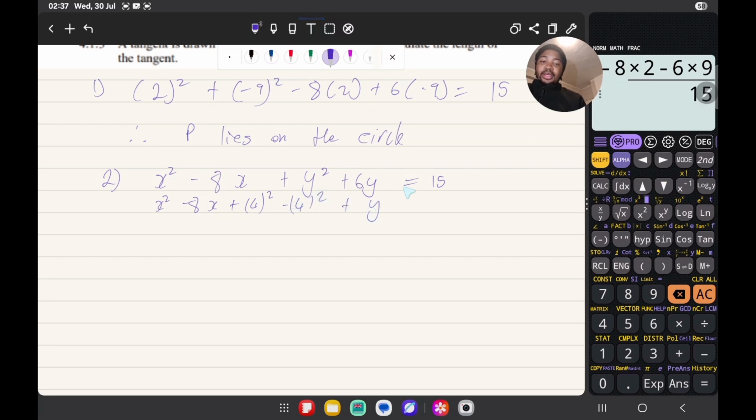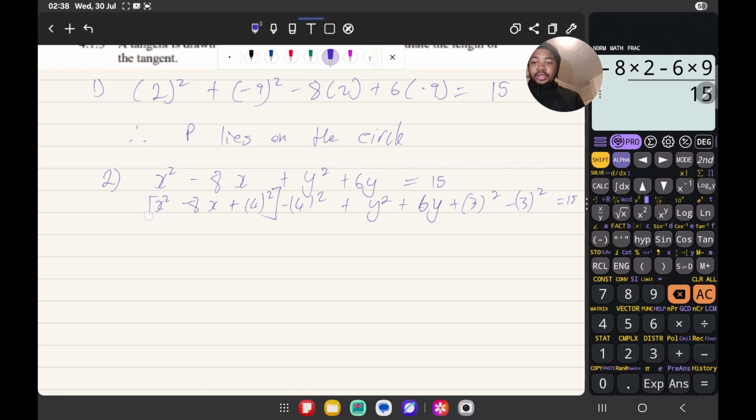Then y squared plus 6y, we take 6 divided by 2, we get 3, therefore you have plus 3 squared minus 3 squared. Then you still have your 15.